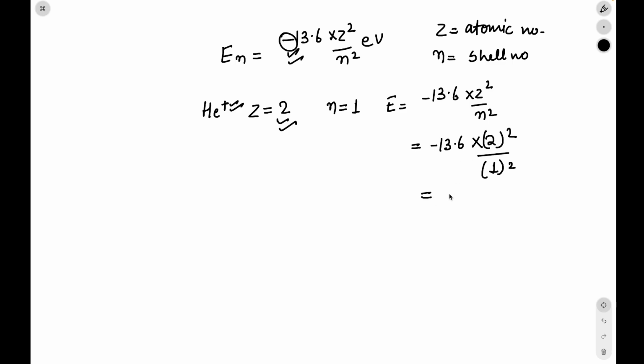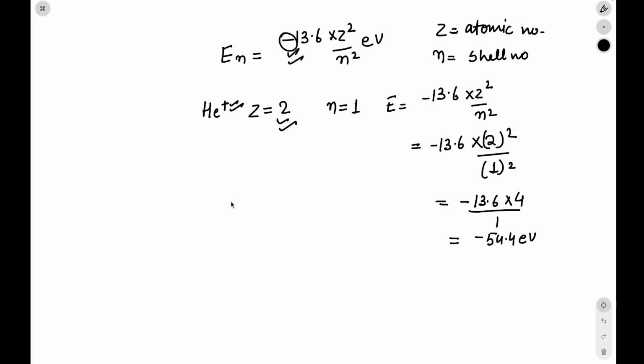By solving this, we will get minus 13.6 into 2 square, that is 4, upon 1. On solving it, we will get the answer minus 54.4 electron volt.